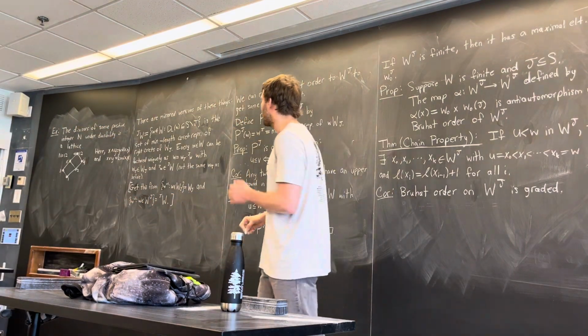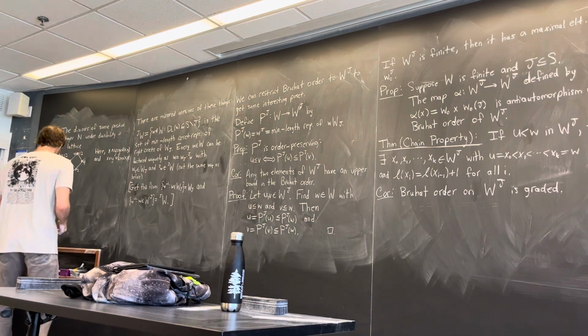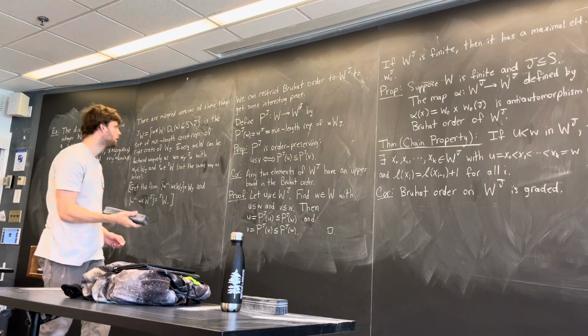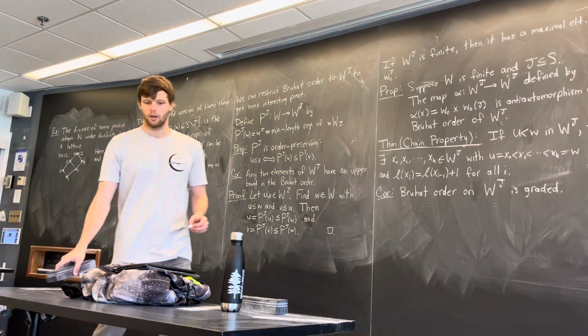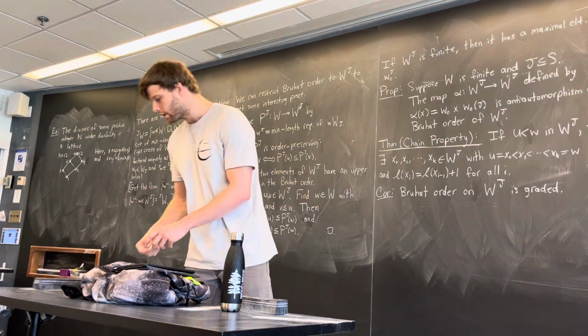Maybe I should draw something that's not a lattice. Oh, Colin. Yes. Also, the Boolean lattice is just a special case of divisor. Of what? Of divisor. Oh, that's a really good point.